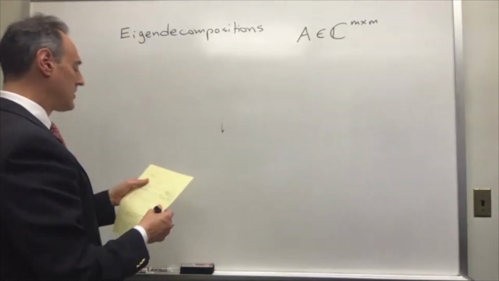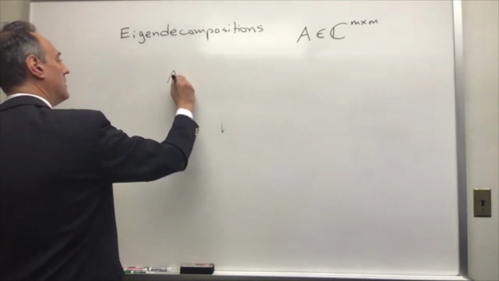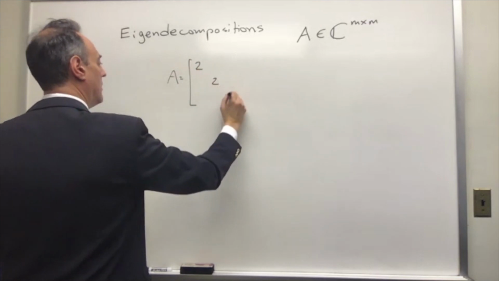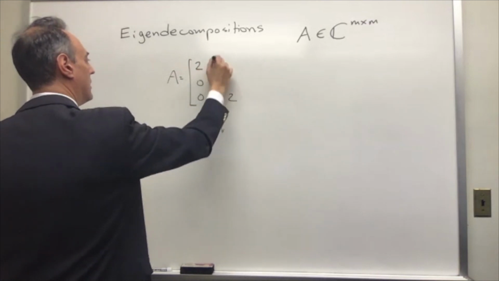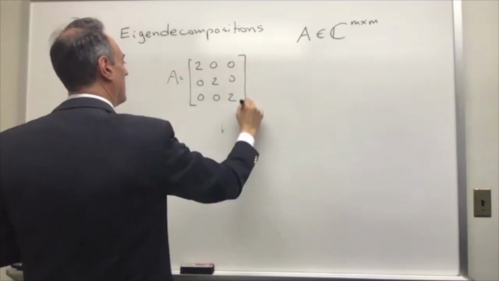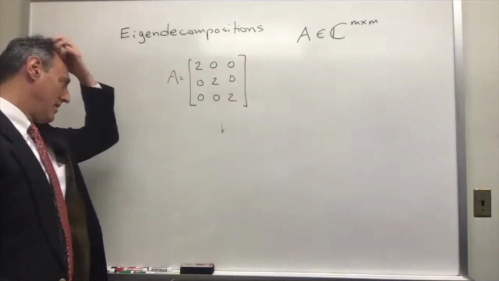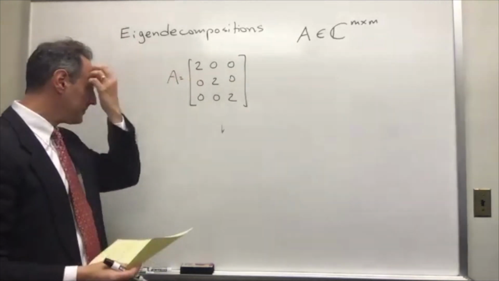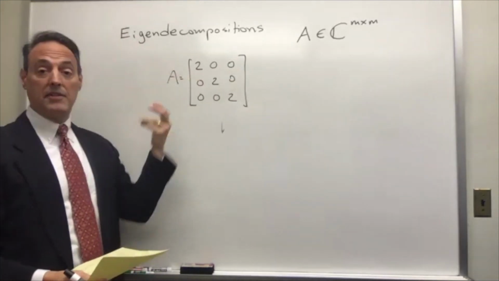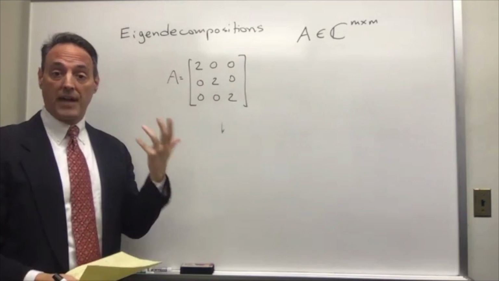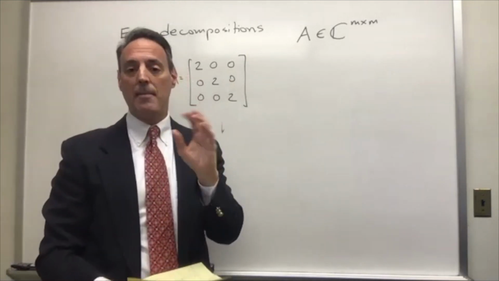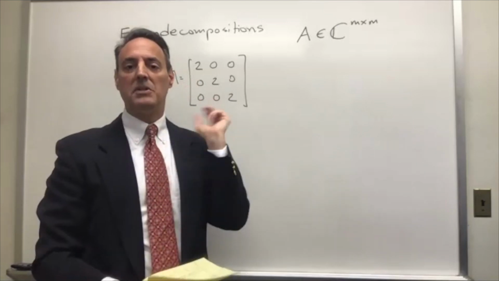All right, let me give you an example of a matrix. It's super trivial, but there it is: matrix A with 2's on the diagonal. It's a 3x3 system. If you take the determinant to solve for the eigenvalues, because that's what we found, we want the determinant of the matrix A minus lambda I to be 0.